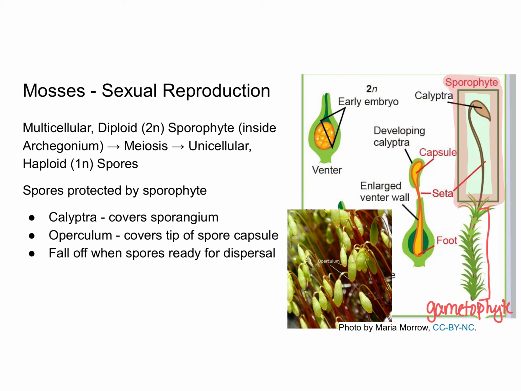And remember that the sporophyte is multicellular, and its cells are diploid. And the gametophyte is also multicellular, but its cells are haploid.